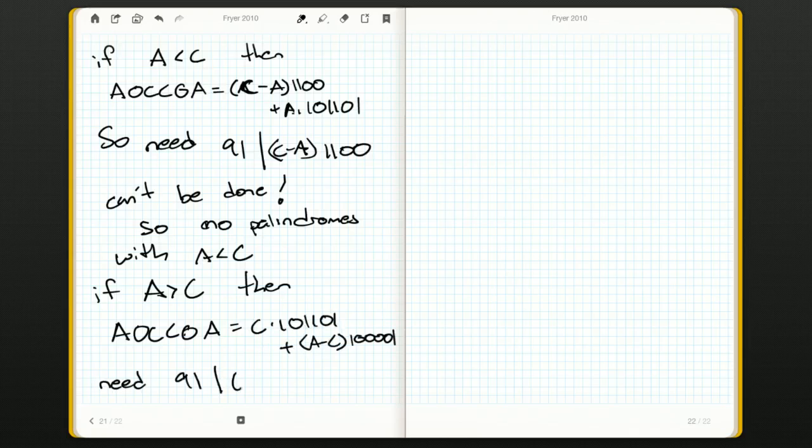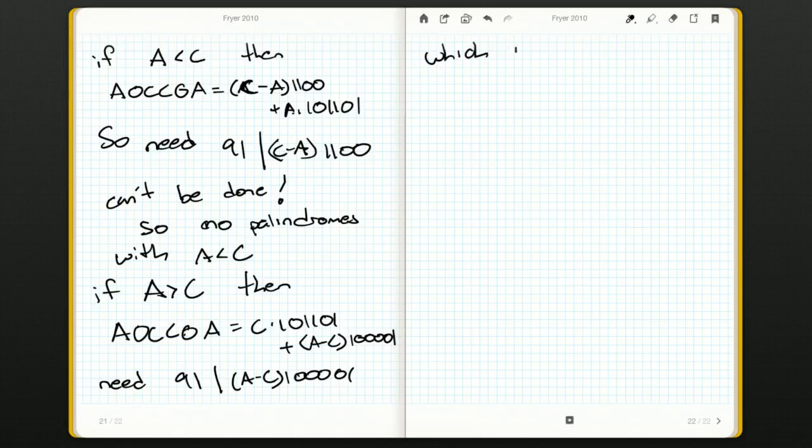We need 91 to divide A minus C times 10001. So that's true only if 7 divides this, and 13 divides this.